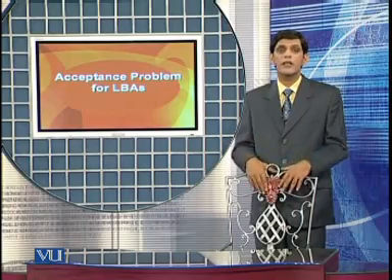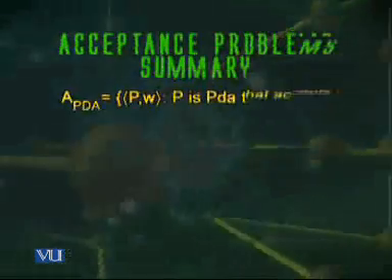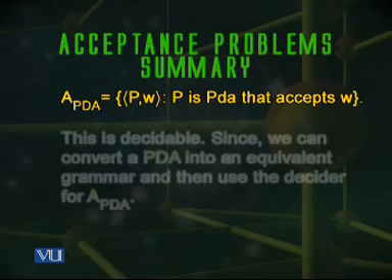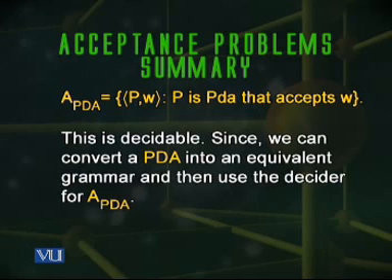So A_CFG was decidable. We can also look at this problem A_PDA, where you're given a push-down automaton P and a string w, and you want to know whether the push-down automaton P accepts the string w. Well, is the acceptance problem for push-down automata also decidable? The answer is yes, because you know an algorithm which will convert a non-deterministic push-down automaton into an equivalent context-free grammar.